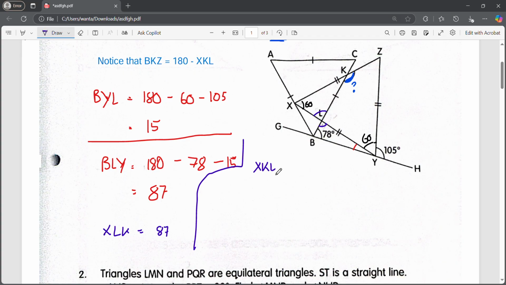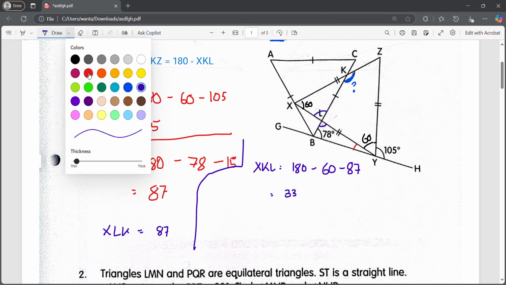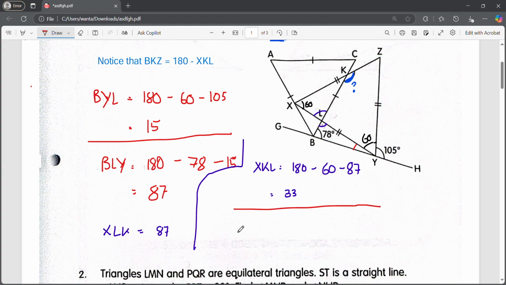So XKL is equal to 180 minus the 60 minus the 87. 60 and 87 makes 147. So 180 minus 147 is 33. Now the final step is to find the BKZ. BKZ is equal to 180 minus 33, which is 147. And here's the answer for number 1.